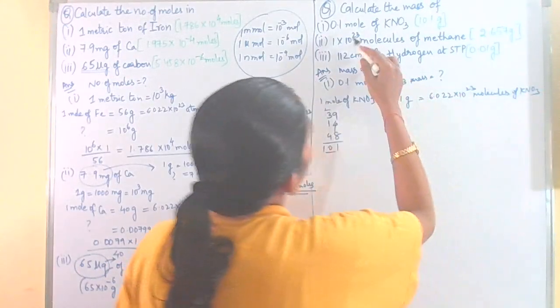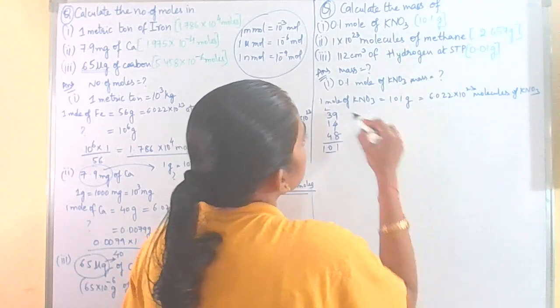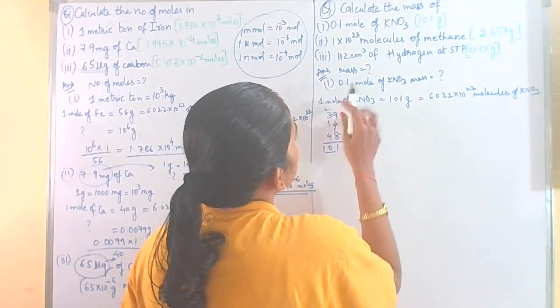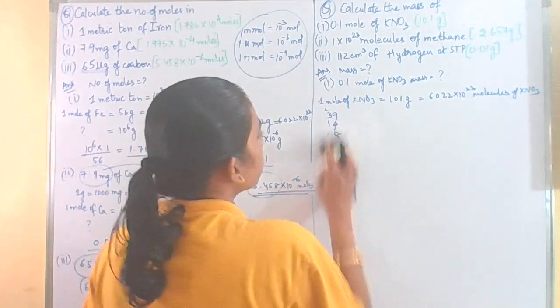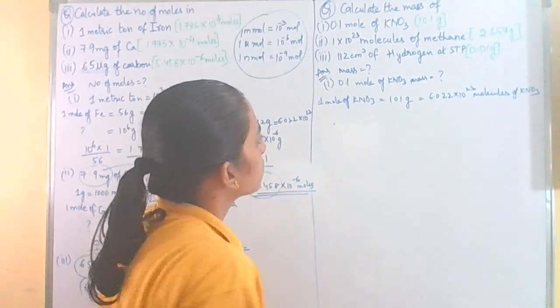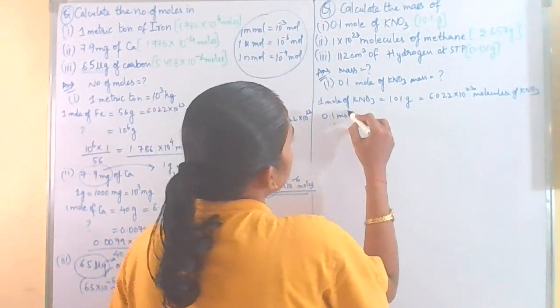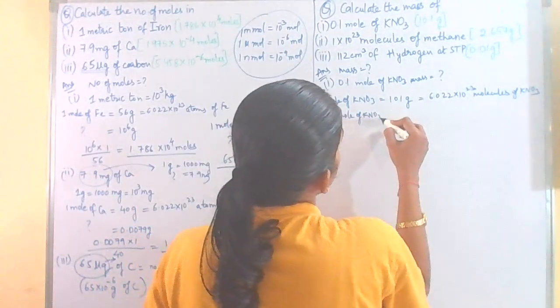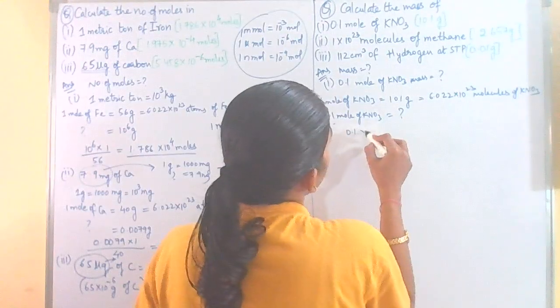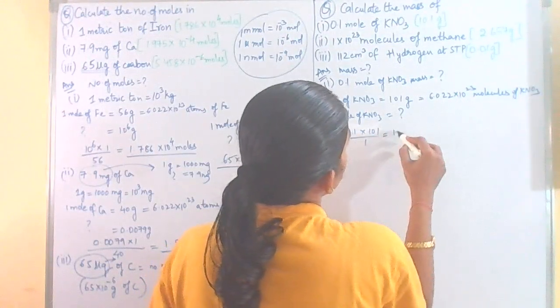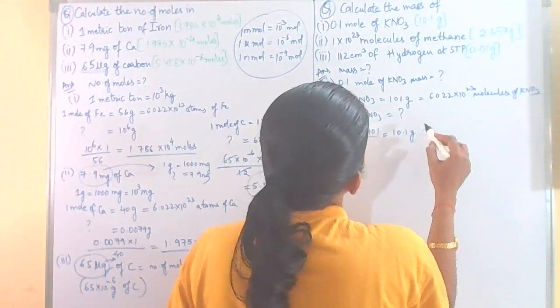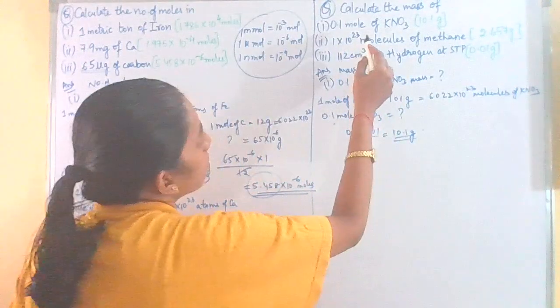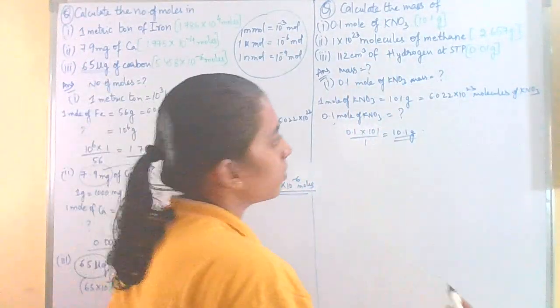They have given 0.1 mole of KNO3 weighs how much? This is 1 mole. Then 0.1 mole of KNO3 is equal to how much? 0.1 into 101 by 1, which is equal to 10.1 grams. Okay, so 0.1 mole of KNO3's mass is 10.1 grams.